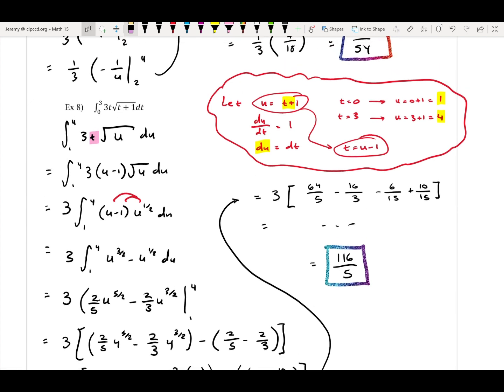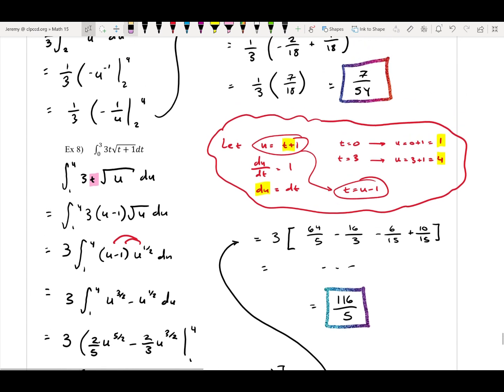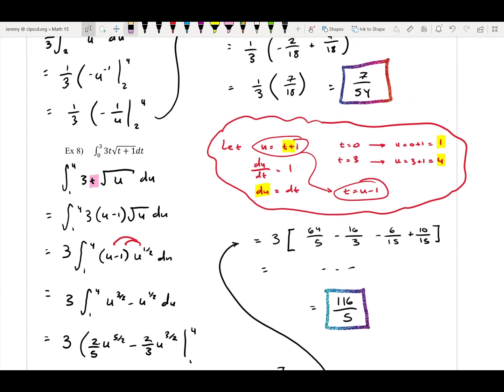So example 8 is a real doozy. It's kind of a combination of all the trickiest scenarios where we would use a u substitution. It's a definite integral, so we had to transform our limits of integration. That's what we're doing here. And we were stuck with this leftover t value that didn't go away, so we had to do that little trick where we solve for the original variable in terms of u and make that substitution there.